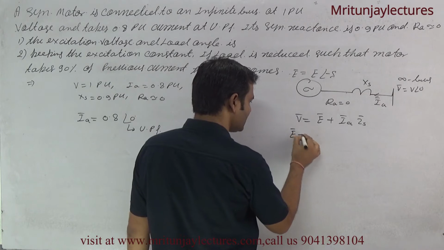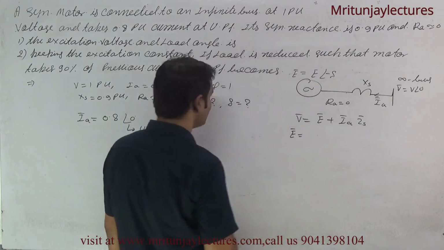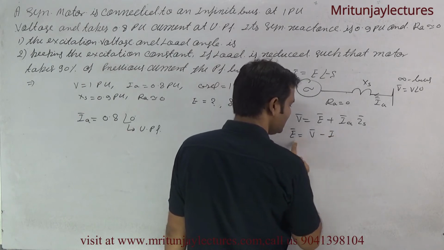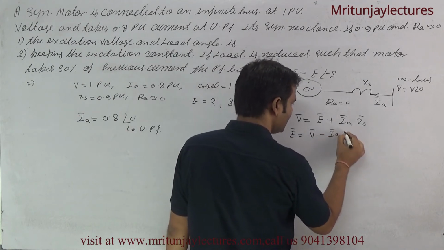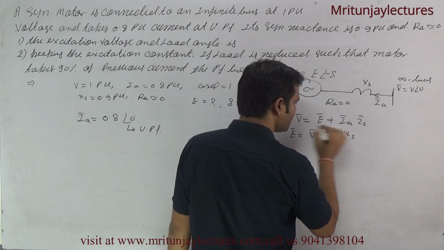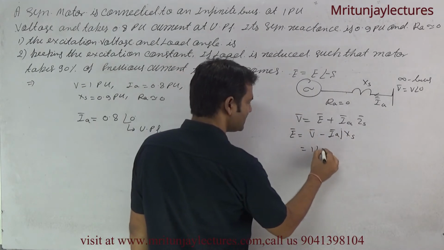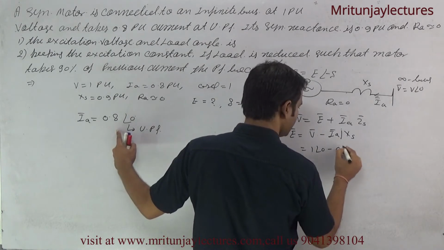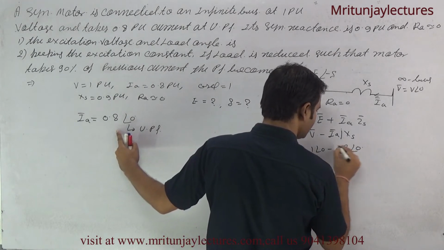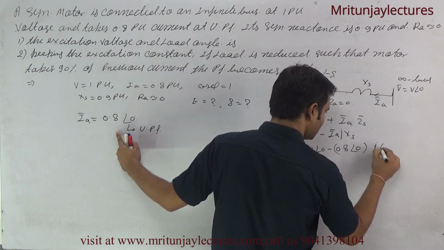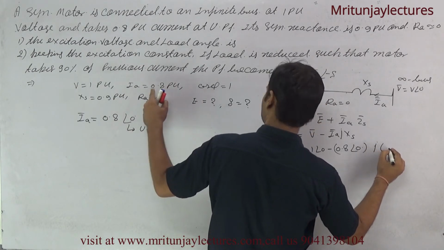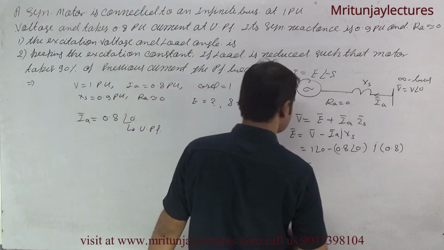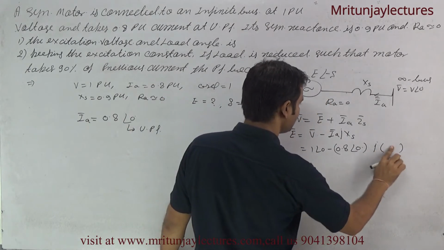So the back EMF, or excitation voltage, E is equal to V minus Ia into jX. That is V at the angle 0 minus 0.8 at the angle 0 into j0.9.